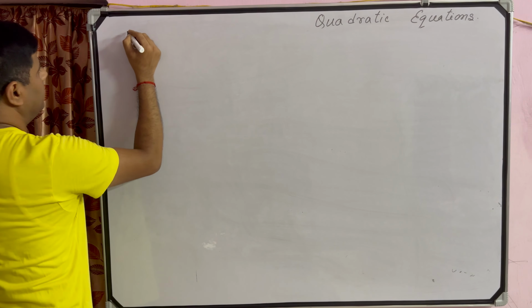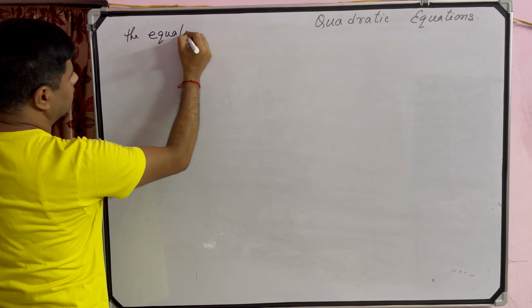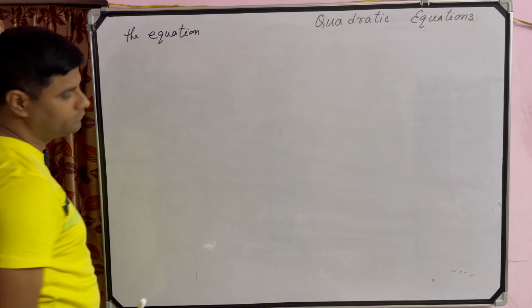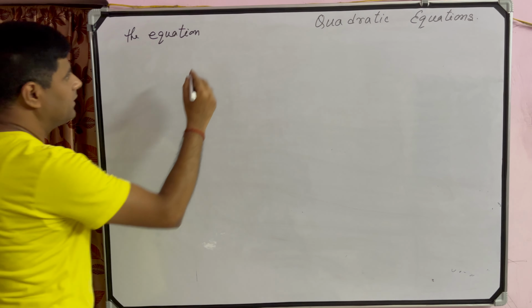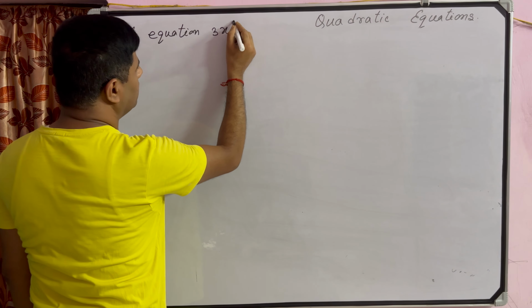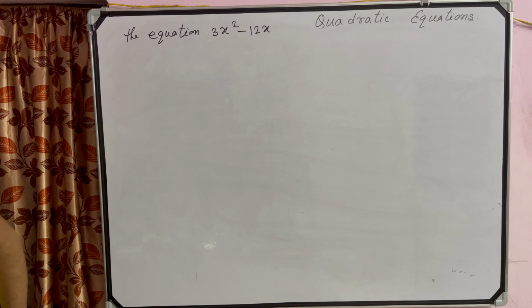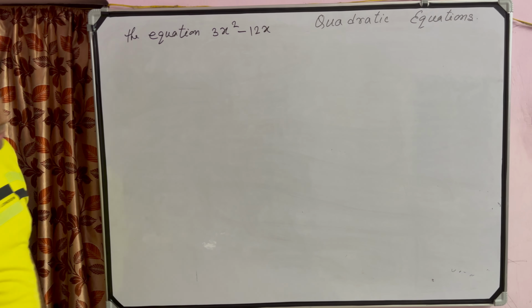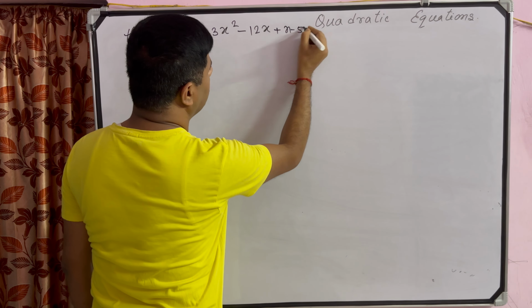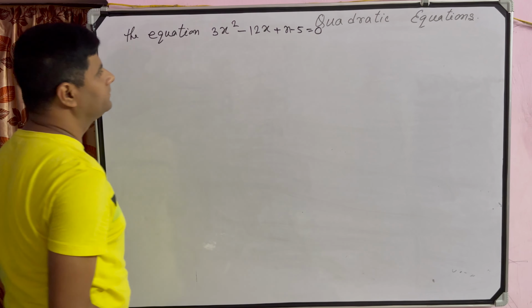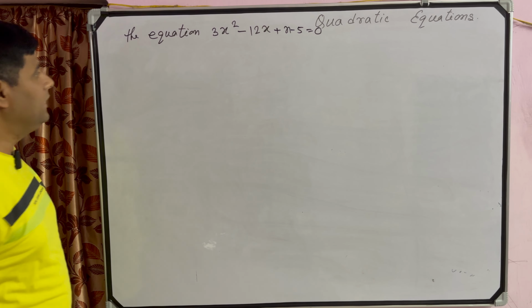Okay. The equation 3x squared minus 12x plus n minus 5 equal to 0 has equal roots.